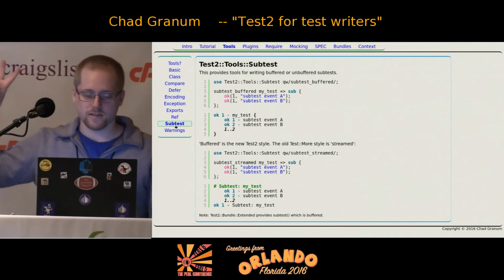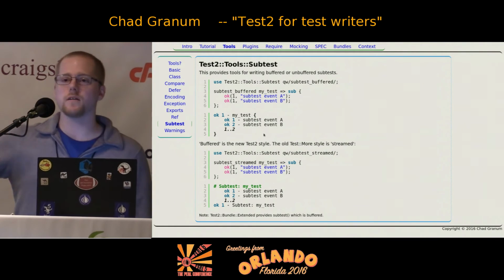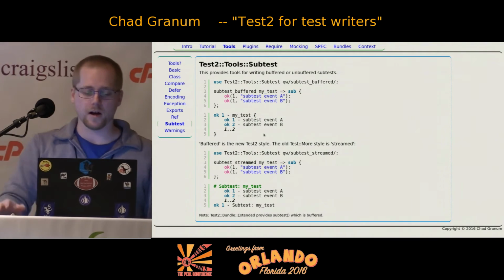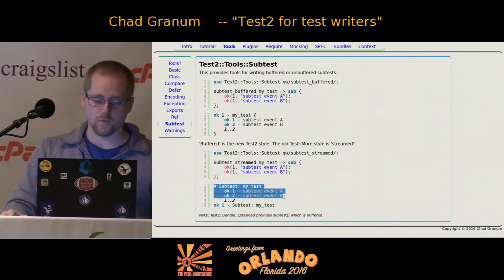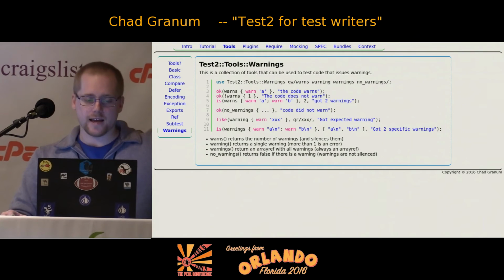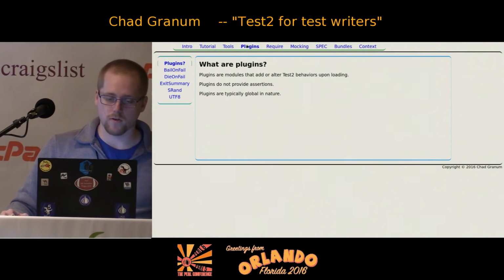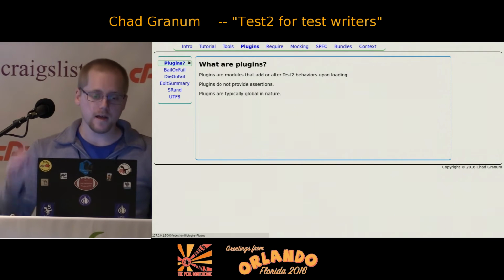Subtests are still here, but there's two types. There's buffered subtests, which is new, which actually renders your subtest in a way that kind of makes sense, and it outputs all of this at the end instead of each one going. But you can also use the old Test::More style subtests, which are harder to read. Warnings, same thing as die, except there's a whole bunch more tools. I recommend you look at them, but I am going to gloss over them until questions at the end.